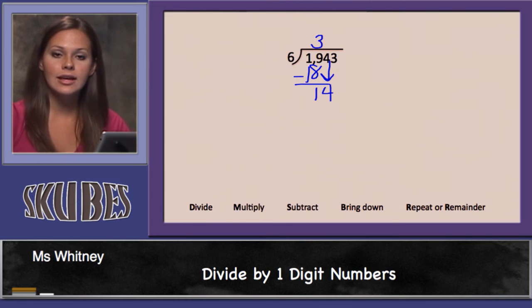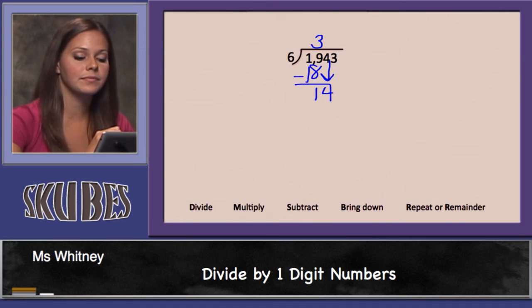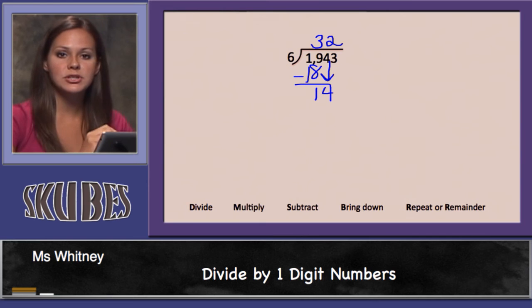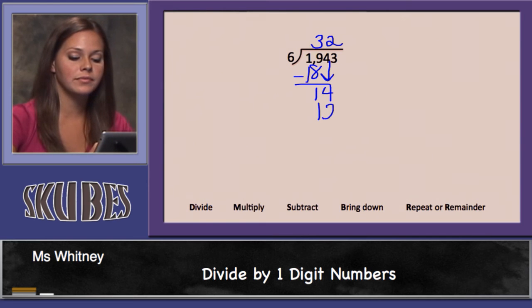I need to repeat. 6 goes into 14 how many times? It fits 2 times. 6 times 2 is 12. Now I'll subtract and bring down my 3.